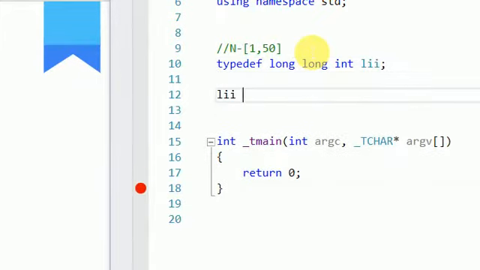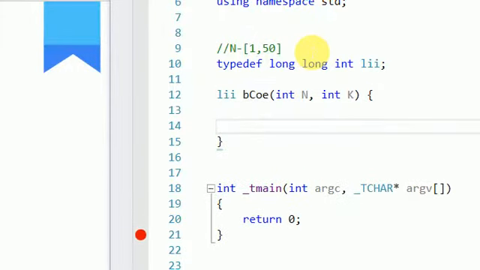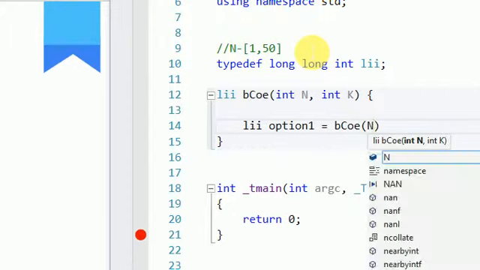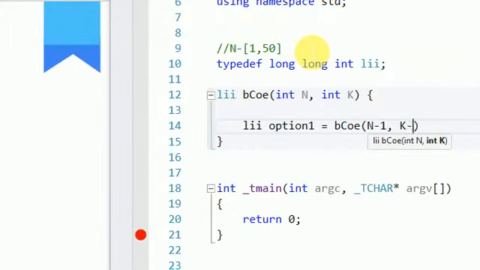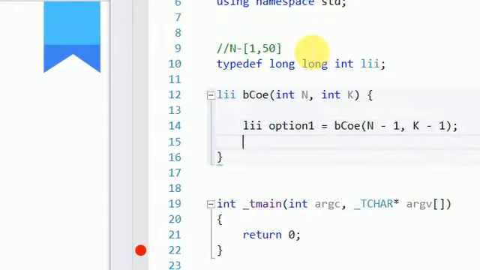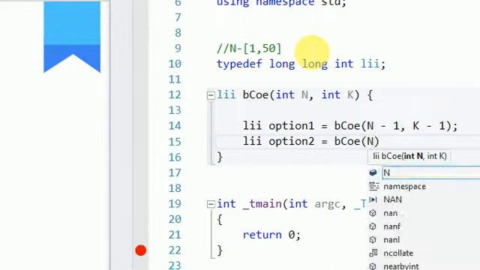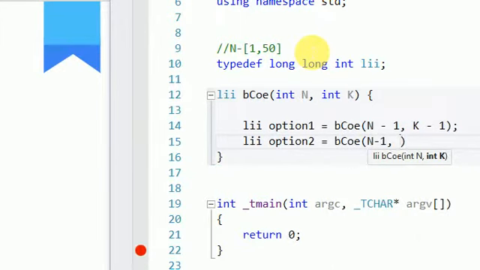So lli binomial coefficient of int n comma int k. What is option 1? Option 1 is binomial coefficient of n minus 1 comma k minus 1. And option 2 is binomial coefficient of n minus 1 comma k.